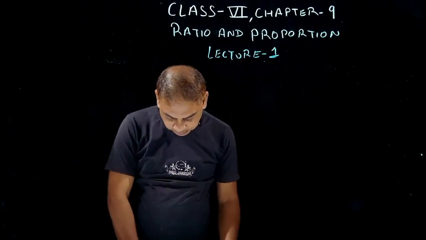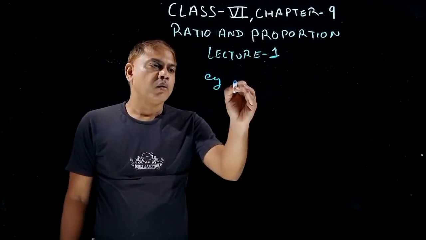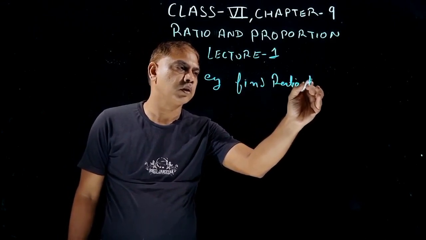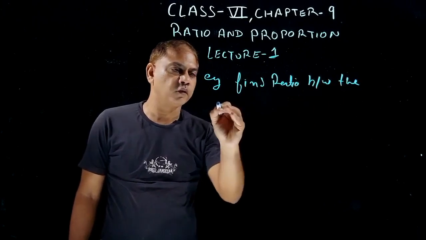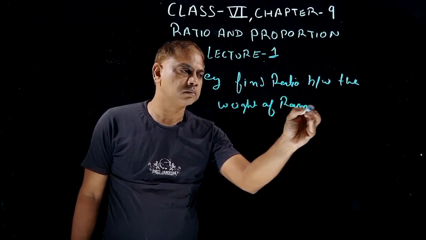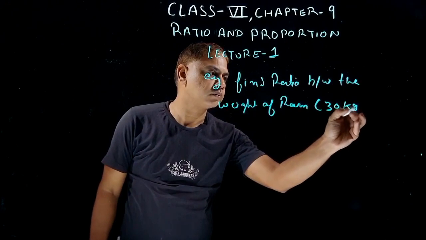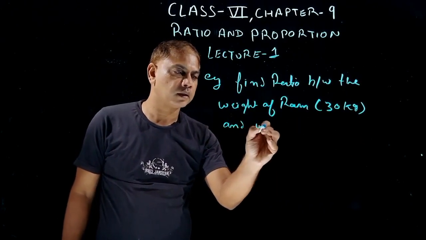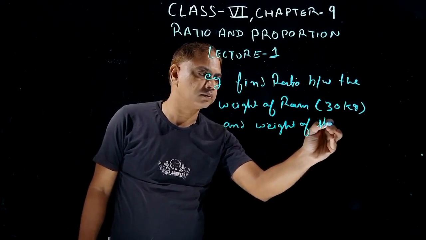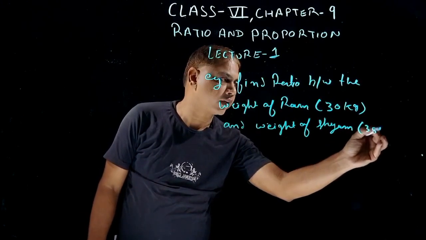Now students, I will explain with an example. Find the ratio between the weight of Ram, 30 kg, and weight of Shyam, 35 kg.